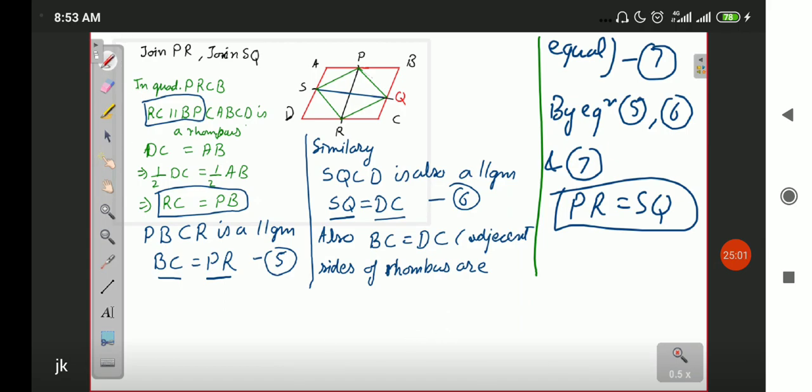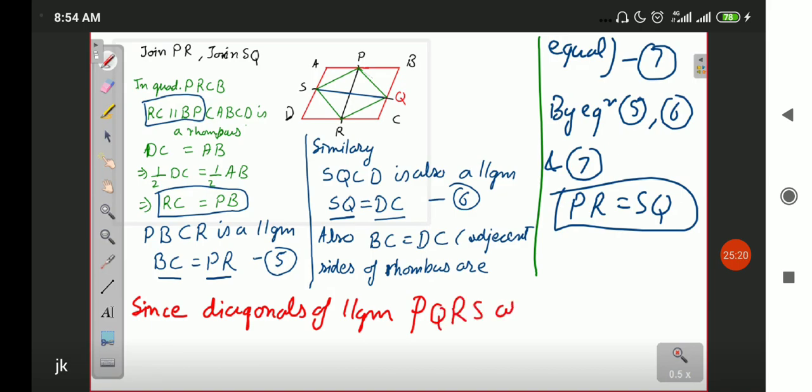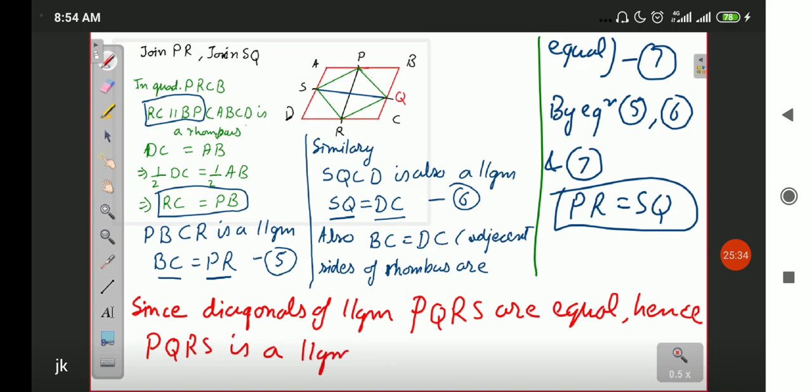Since the diagonals of parallelogram PQRS are equal, hence PQRS is a rectangle. This will be your third approach.